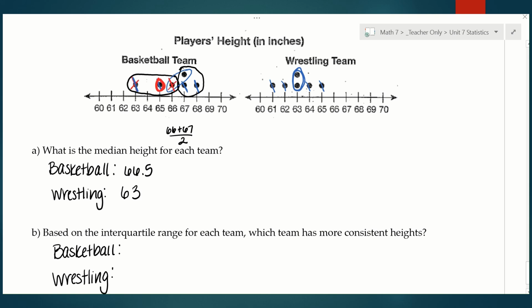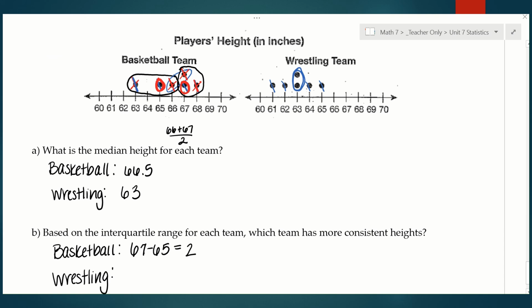So it looks like my first quartile is 65. And my third quartile is 67. So for my interquartile range, I have 67 minus 65 for an IQR of 2.